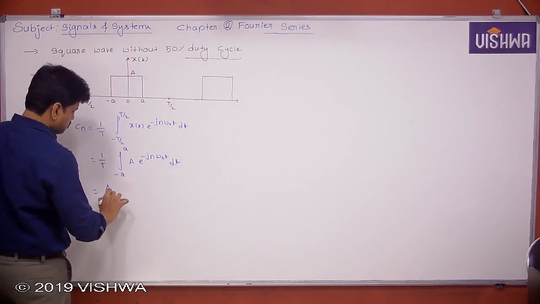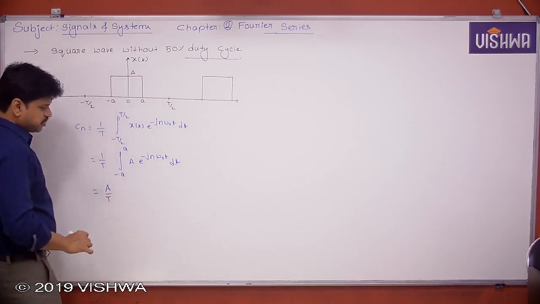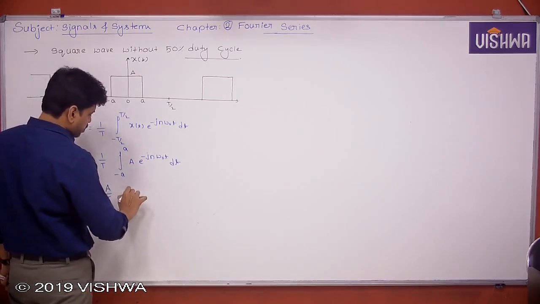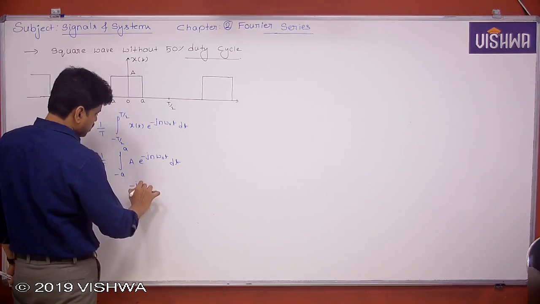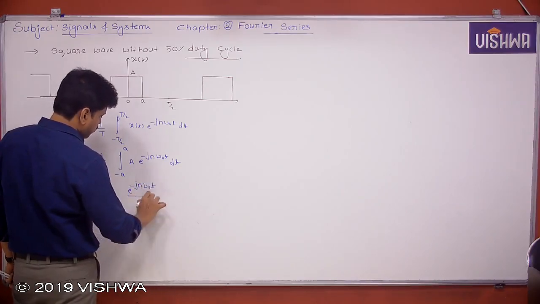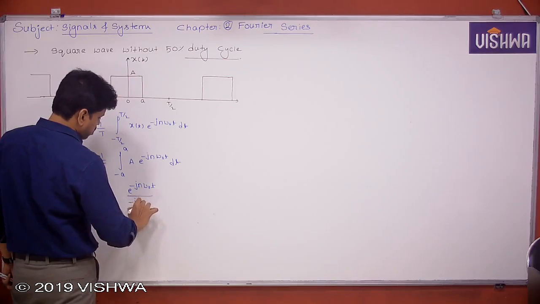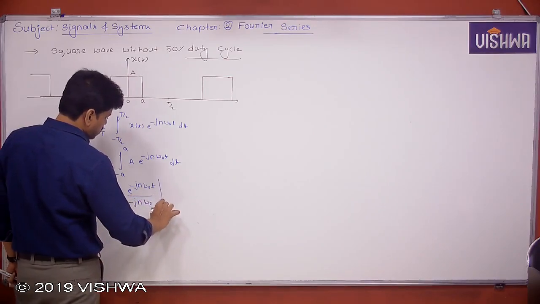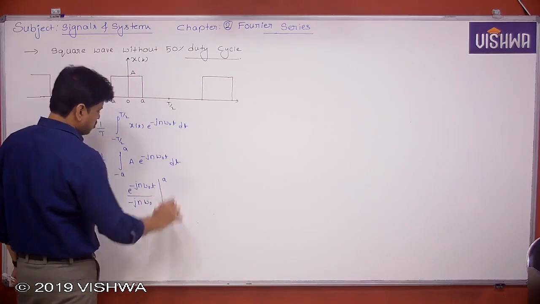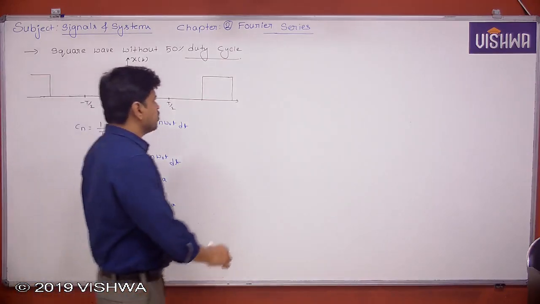A by T, e power minus jn omega naught t divided by minus jn omega naught. Here we have to apply the limits minus a to plus a. Then what will happen?